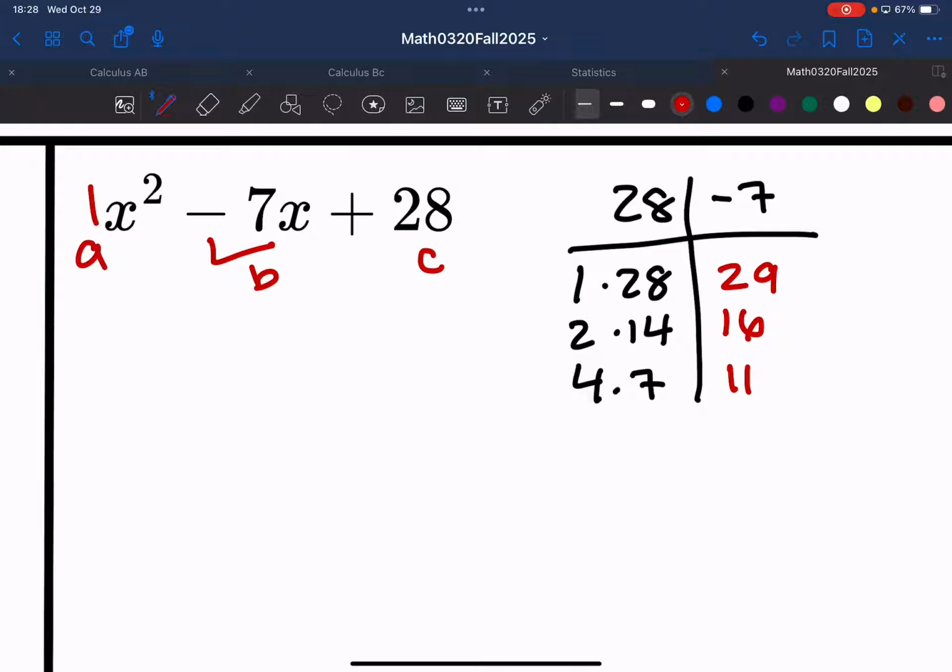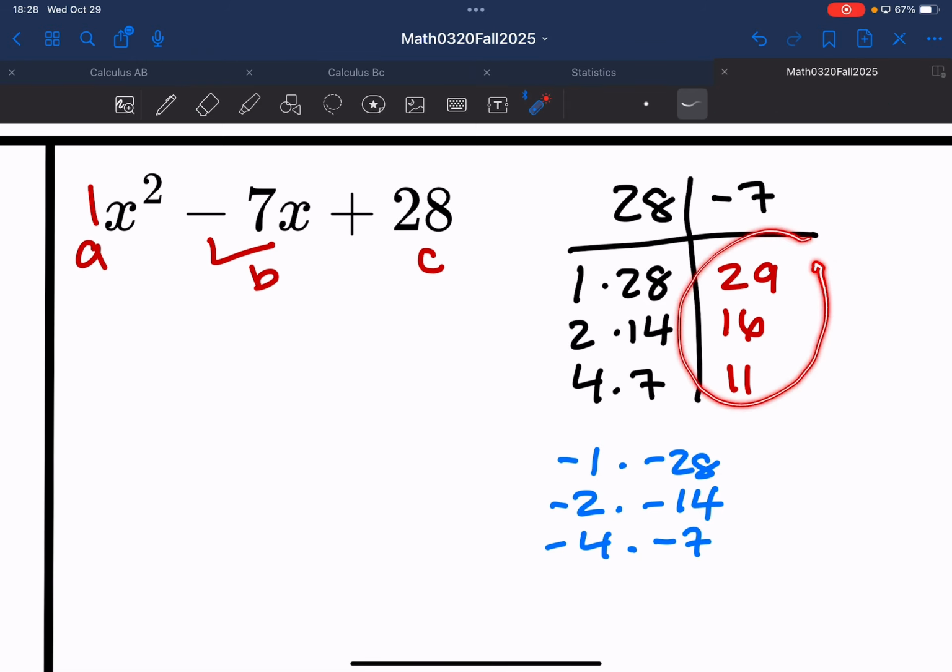And then since this is a positive 28, we can also try the negatives of each one. But all that is going to do is change all of these numbers to negative: negative 29, negative 16, and negative 11. So do any of those give us negative 7? Nope, so then our answer is prime.